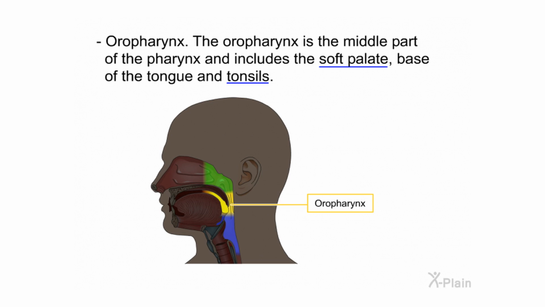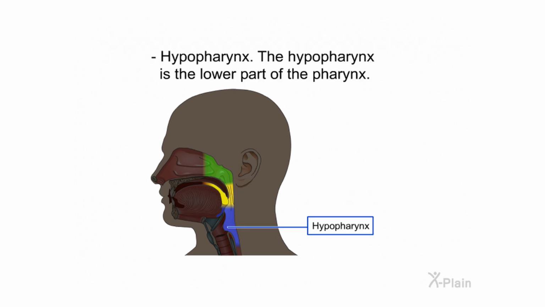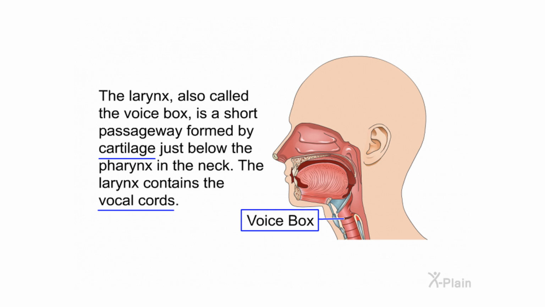The oropharynx is the middle part of the pharynx and includes the soft palate, base of the tongue, and tonsils. Hypopharynx. The hypopharynx is the lower part of the pharynx. The larynx, also called the voice box, is a short passageway formed by cartilage just below the pharynx in the neck. The larynx contains the vocal cords.